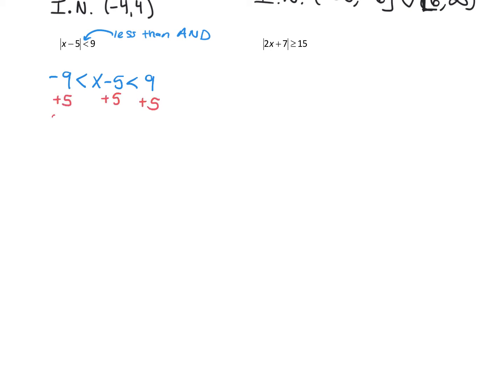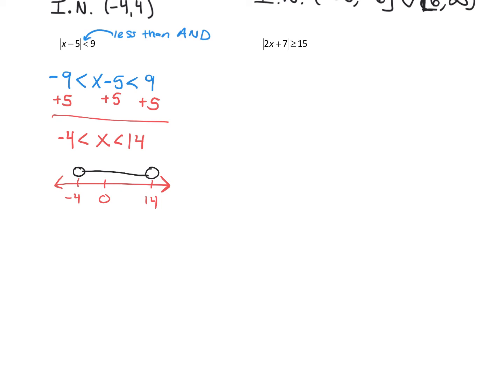I have to add 5 to all 3 parts to get the x alone in the middle. And I'm going to get that x is less than 14 but greater than negative 4. Now when I go to graph this, negative 4, 0, 14, I'm going to have an open circle on negative 4 and an open circle on 14.